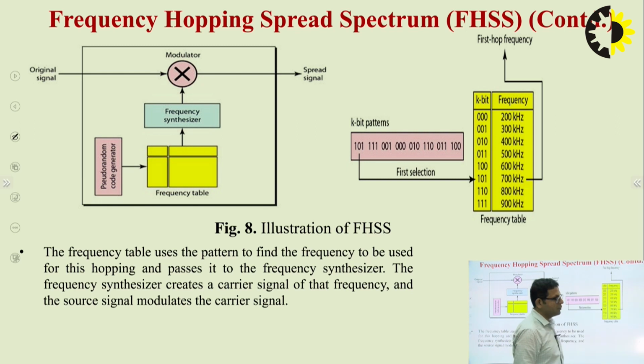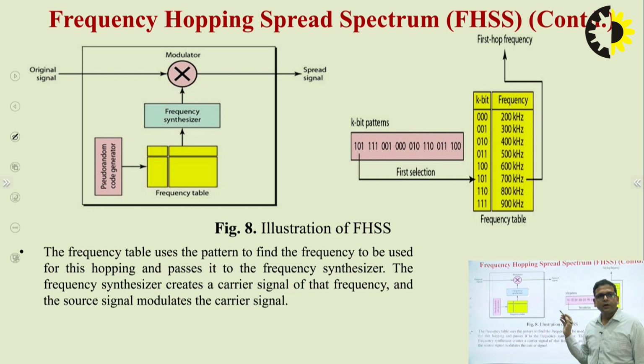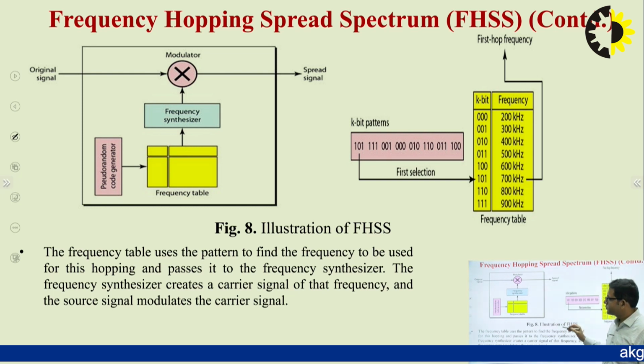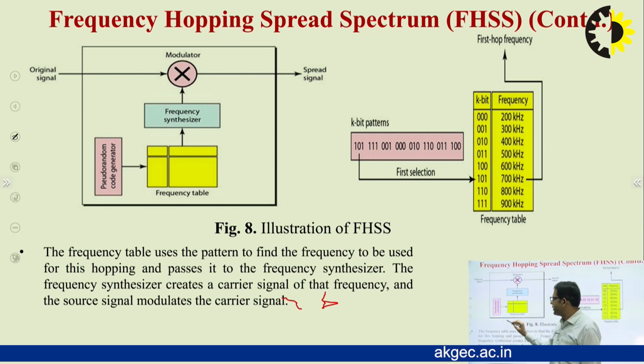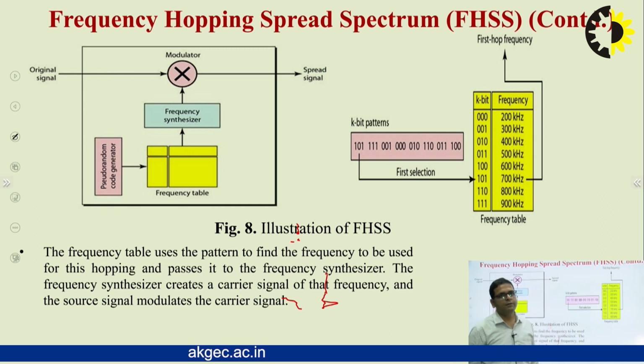The basic generation of frequency hop spread spectrum is shown in this figure. In the frequency hop spread spectrum technique, we use a PN sequence generator, which is used to drive a frequency synthesizer. A frequency synthesizer generates different frequencies, and this frequency synthesizer is governed by this pseudo random code generator.